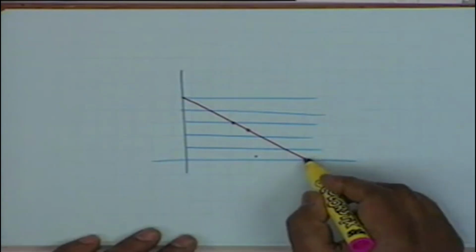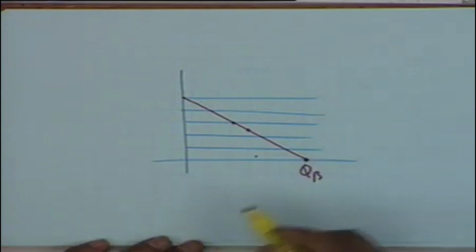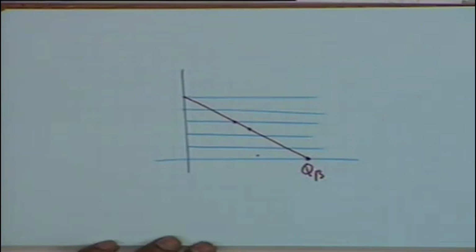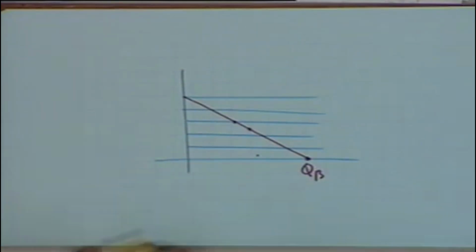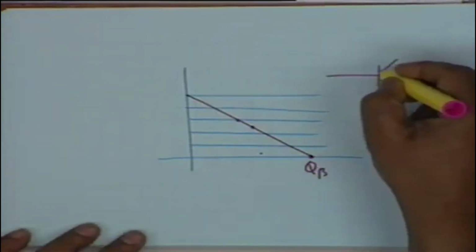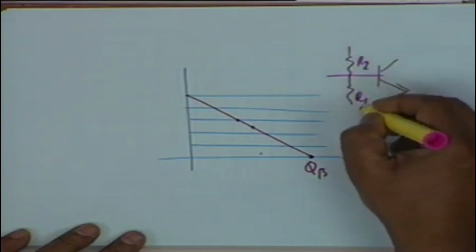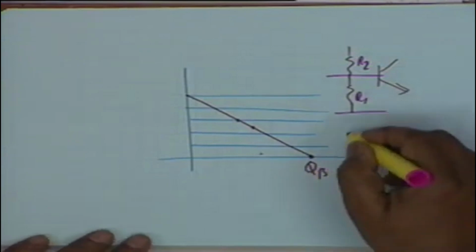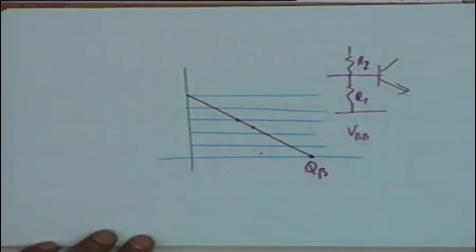In other words, if the Q point is here, let us say Q_B, then it acts more like a rectifier, isn't that right? It only takes the positive half cycles. Now how is this achieved? This is achieved by biasing the base, by choosing R1 and R2 in such a manner that V_BB is just 0.7 volt, agreed?